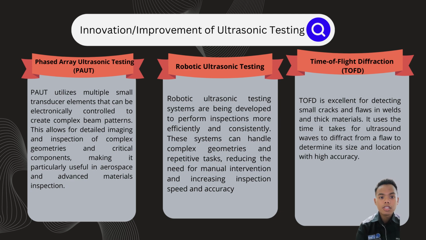Robotic ultrasonic testing systems are being developed to perform inspection more efficiently and consistently. This system can handle complex geometries and repetitive tasks, reducing the need for manual intervention and increasing inspection speed and accuracy.